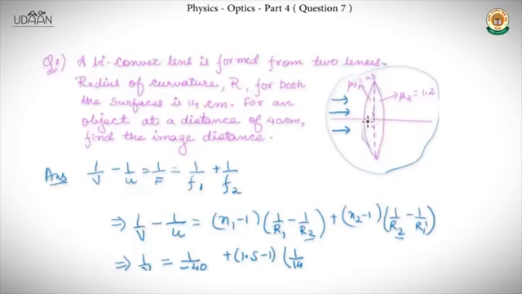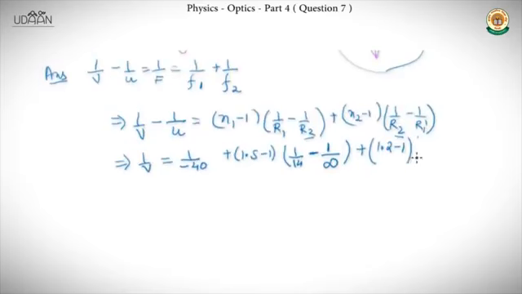Since this is a planar surface, it has a radius of curvature of infinity, so this will be 1 by infinity, plus (2 minus 1) times (1 by infinity minus 1 by minus 14).